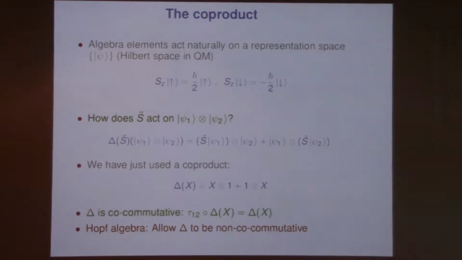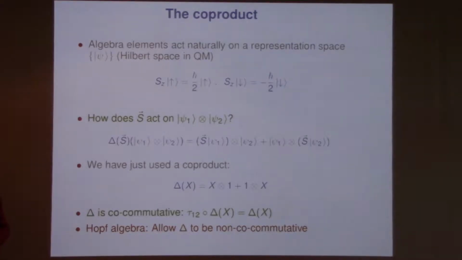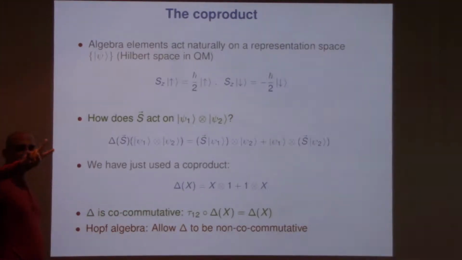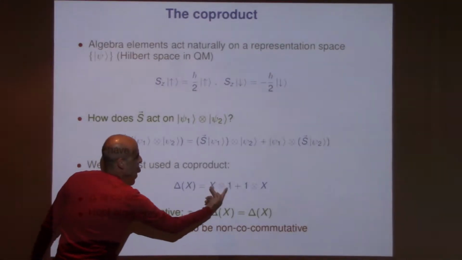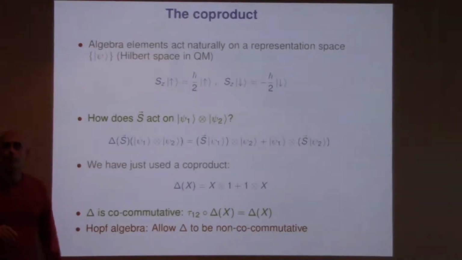Here, when I say co, that has to do with the tensor product structure. And if tau 1, 2 is the element which exchanges my 2 copies of my tensor product, then this is the same. So it's co-commutative. It's commutative in the sense that if I act on states 1 and 2, or I act on states 1 and 2 and then I exchange, I get the same thing.